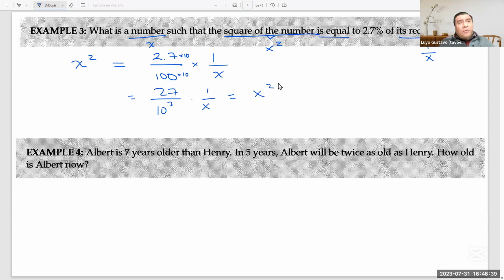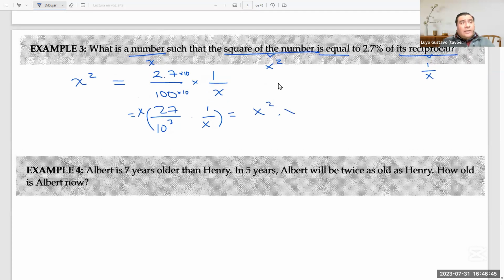But what if I multiply both sides by x? So I get rid of this. And so this equals 27, or you can say x cubed, if we read from the right, x cubed, that is this product, equals 27 over 10 cubed.